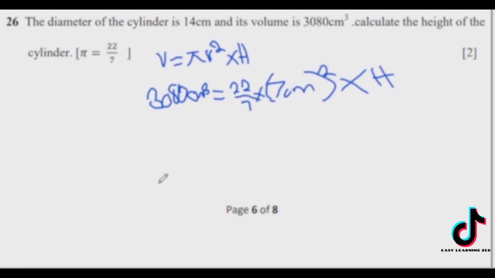So what we're going to do now is first evaluate this. So we say 3080 cubic centimeters is equal to 22 over 7, then times 7. This is 7 and not 2.